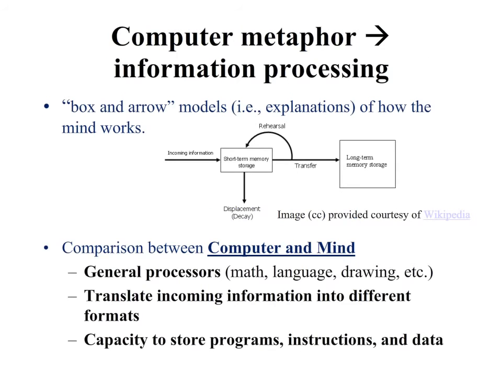So let's look at the computer metaphor, and in particular, the information processing models of how the mind might work. These models tend to be box and arrow models, or explanations of how the mind might work. For example, in this diagram, it's the Atkinson and Shiffrin model, the original model for memory that we had.